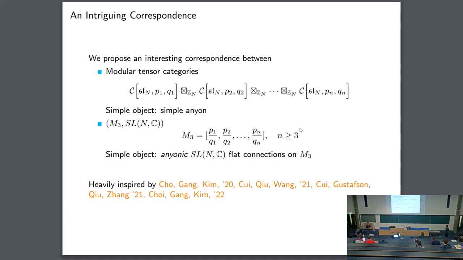So you think there's some stringy origin to this? It seems to work in a special case where they started. They only studied small n, n equals 3 and SL2C. It seems to make sense, but there's no obvious way at all to extend it. You can try to extend in any direction, it doesn't work. I see. Thank you.